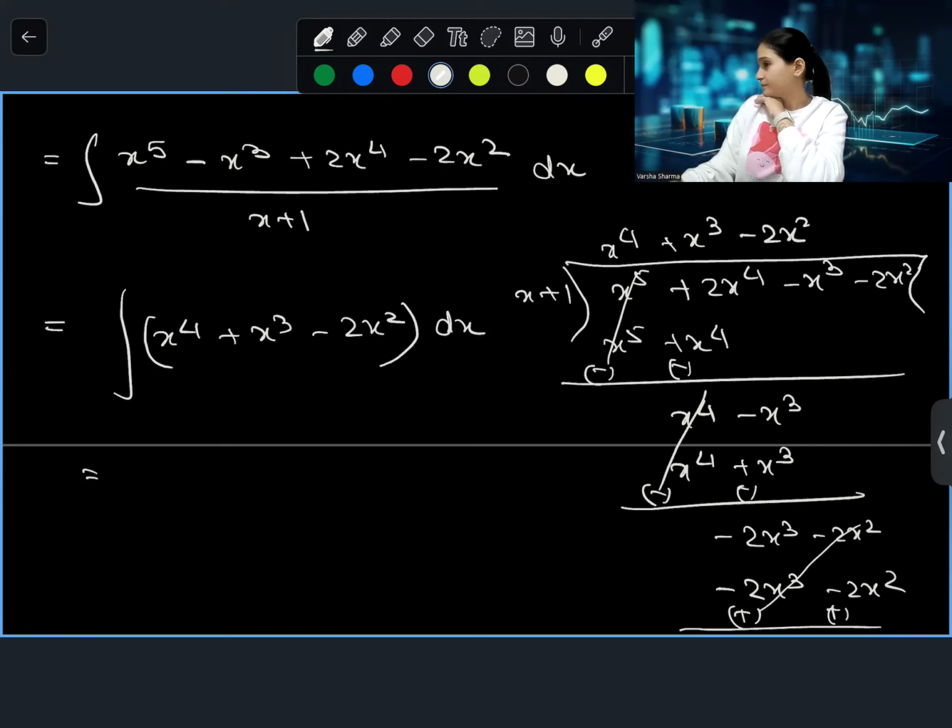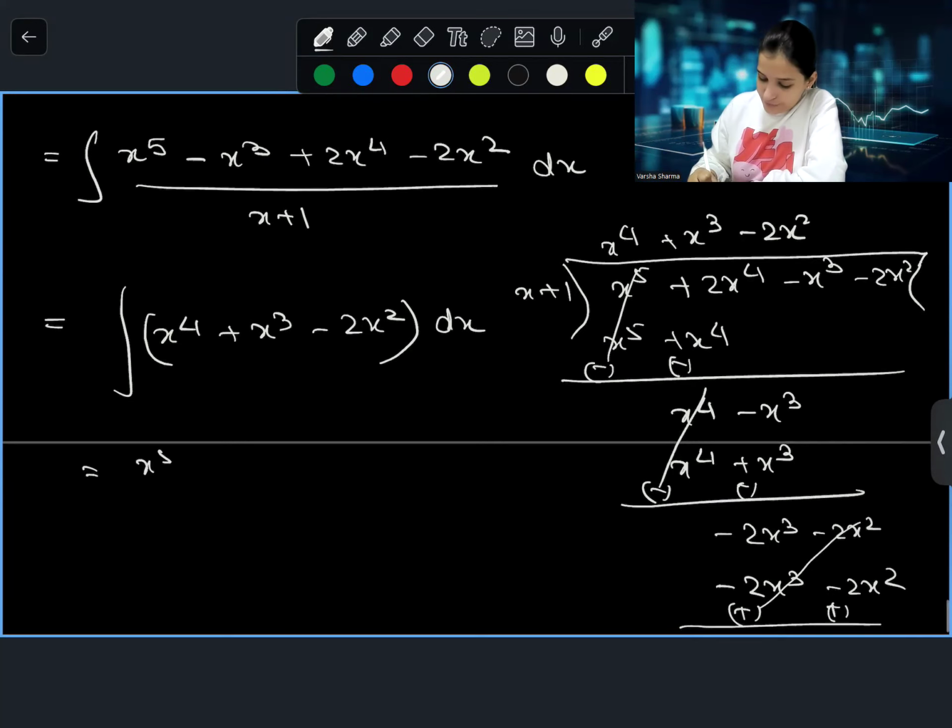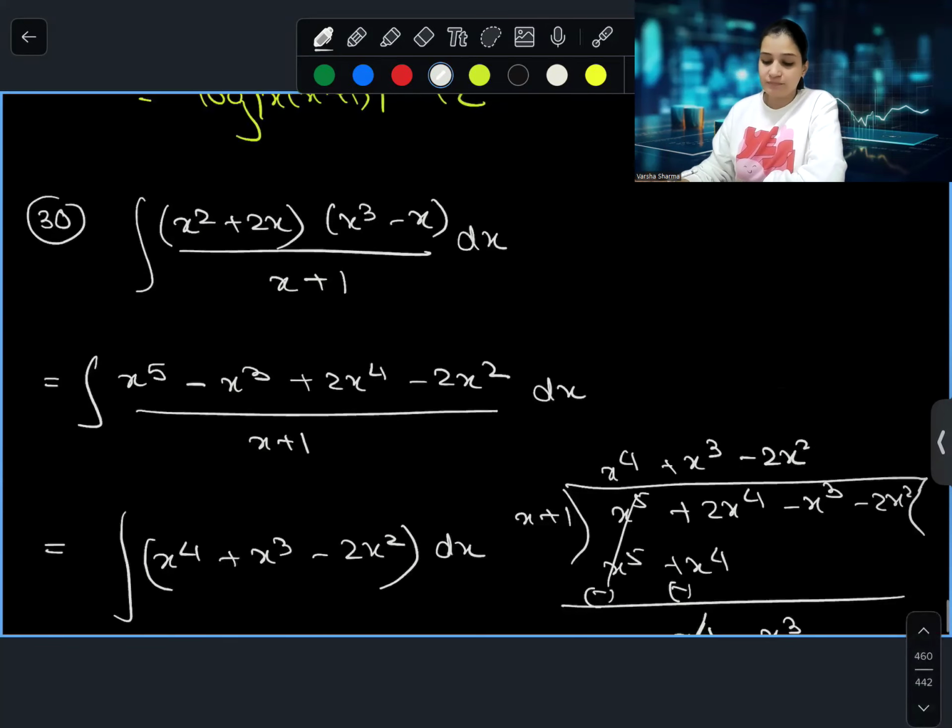Integrate. 0 by anything is 0. So x power 5 by 5, x power 4 by 4, minus 2 x cube by 3, plus c. Done?